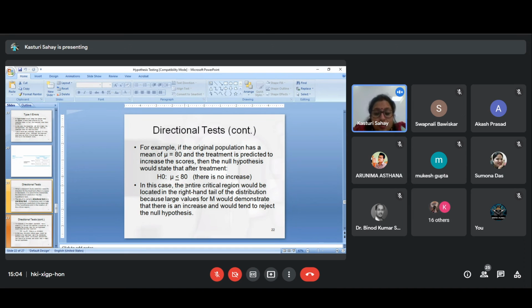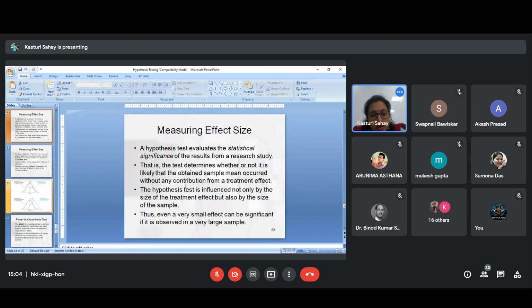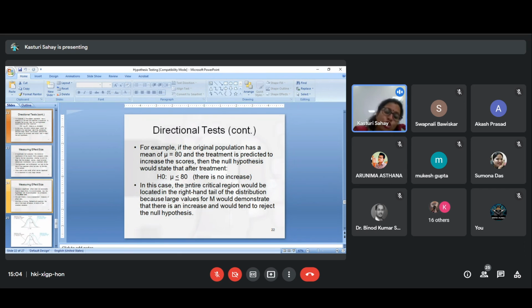Whenever a direction is mentioned in your hypothesis, you will take a one-tail test. And when this is not mentioned in the hypothesis, it's just mentioned that there is a relation or there is no relation, and we do not define whether it will increase or decrease the dependent variable, that is when we consider a two-tail test, and we consider the critical region on both sides, the left hand as well as the right hand.